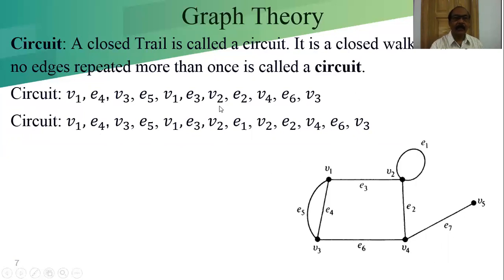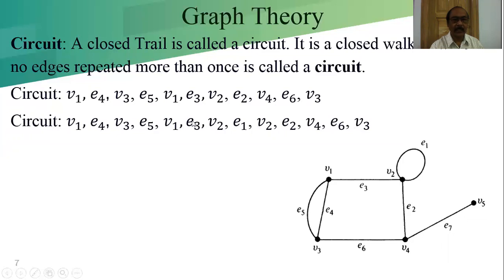This is a circuit. Now we get another definition, that is the cycle. There is some difference between the circuit and the cycle. Except for the terminal vertex, which may be the same, start and end, no other vertices are repeated in a cycle.